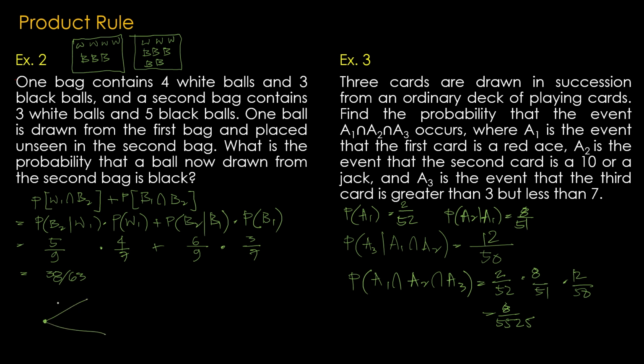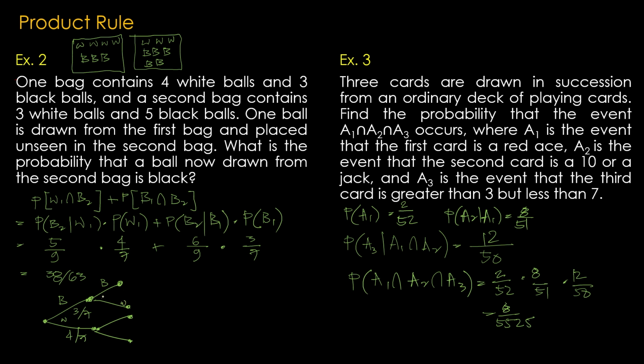If we try to use your tree diagram, say from the start. For your first draw, you can have either black or white in the first bag. So the probability of getting black in the first draw would be 3 over 7, and getting white on the first draw would be 4 over 7. After another draw in the second bag, you can either draw a black or a white.